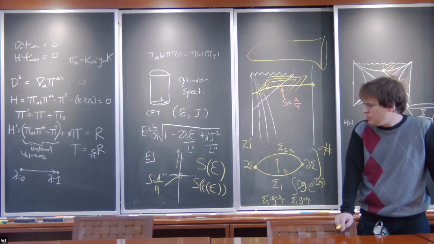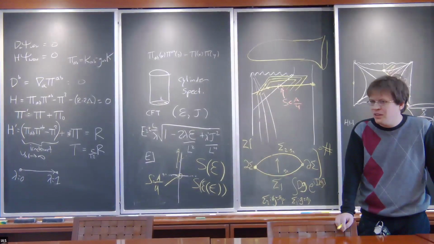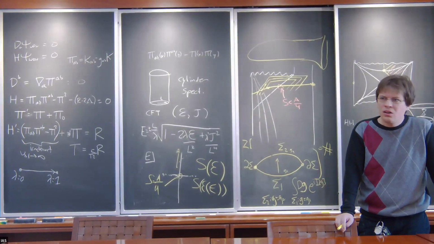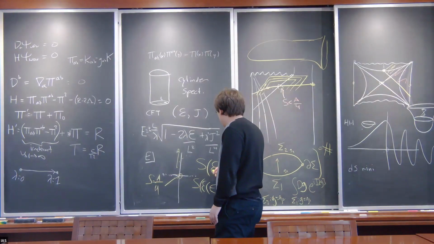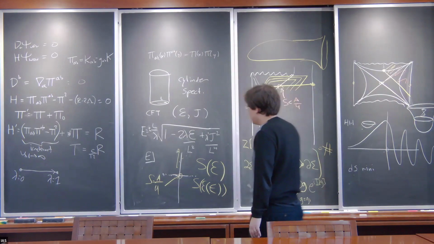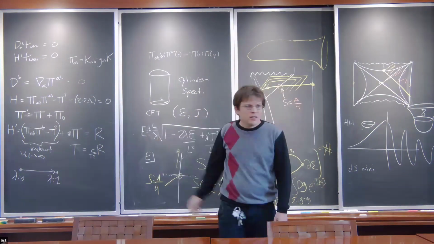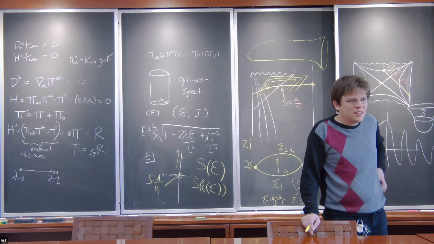But yeah, that would be an obvious direction to go. I know people have written papers where they've tried to TTbar deform SYK, but this approach suggests that you should then ask what happens if you go into the black hole region and so on.